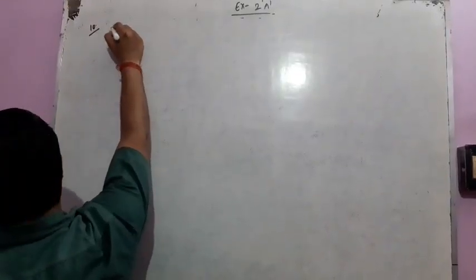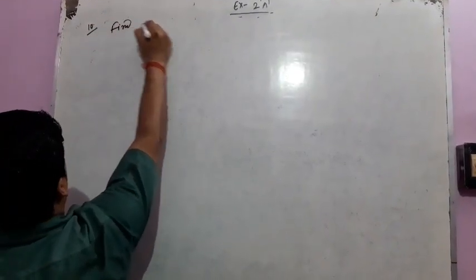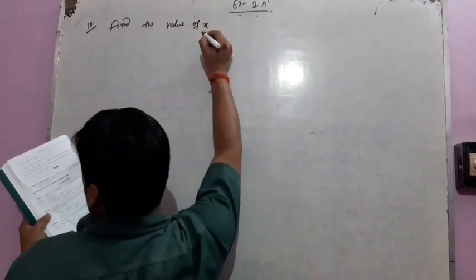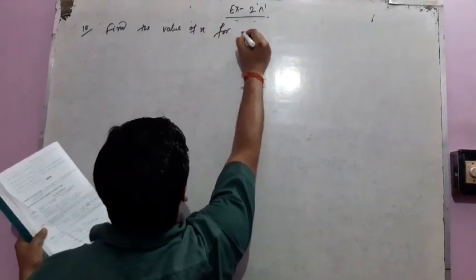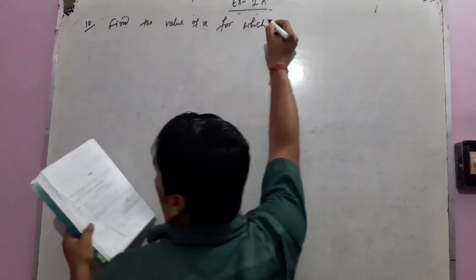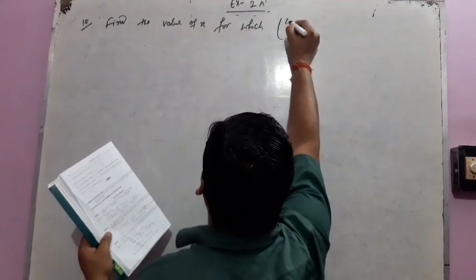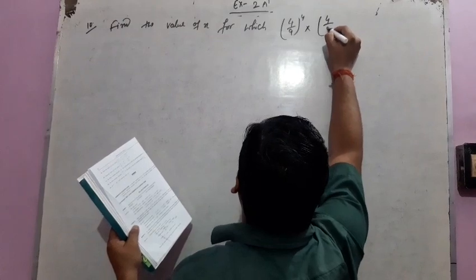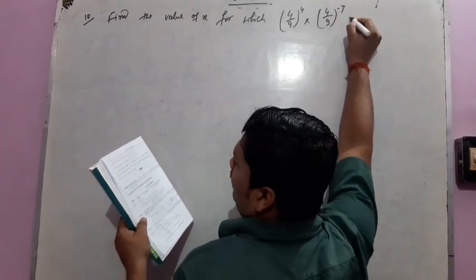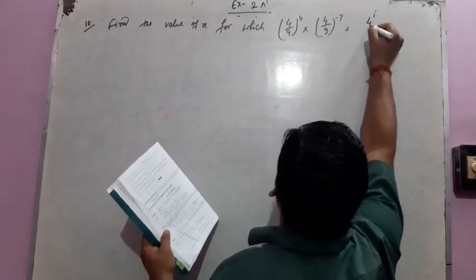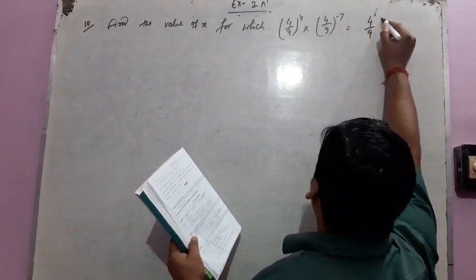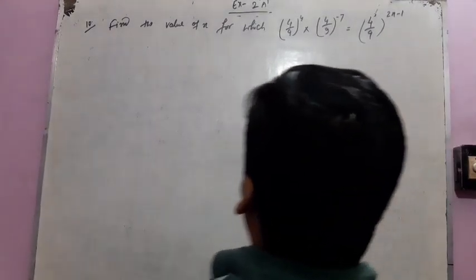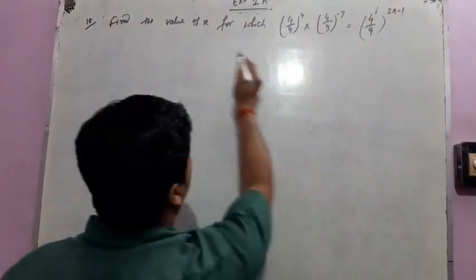In question number 10, find the value of x for which (4/9) to the power 4 into (4/9) to the power minus 7 will be equal to (4/9) to the power 2x minus 1. Now what is the value of x? Here we have to calculate.